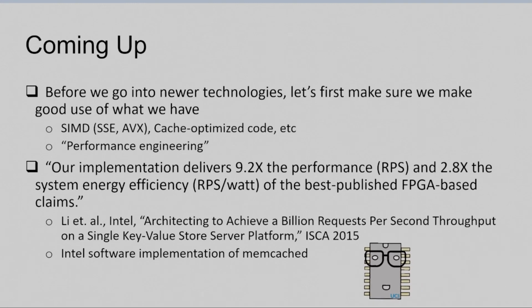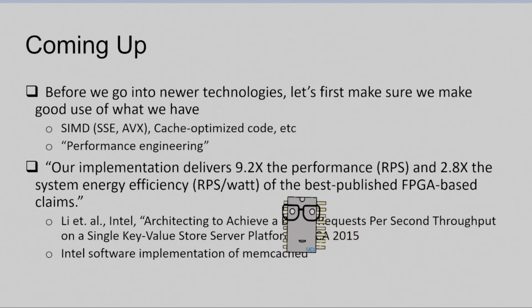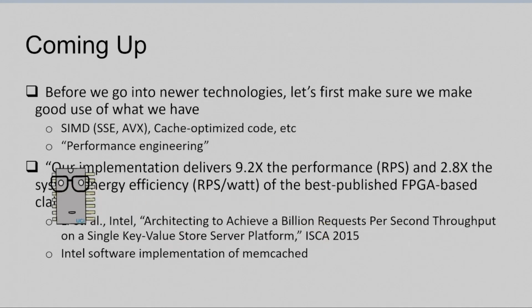And these Intel engineers came out, and being Intel engineers, they know very well about the capabilities and how to make their chips go fast. The bottom line was that their software implementation running on Intel CPUs was delivering 9x, so almost an order of magnitude performance improvement, and almost 3x system energy efficiency of the best published FPGA-based implementation.